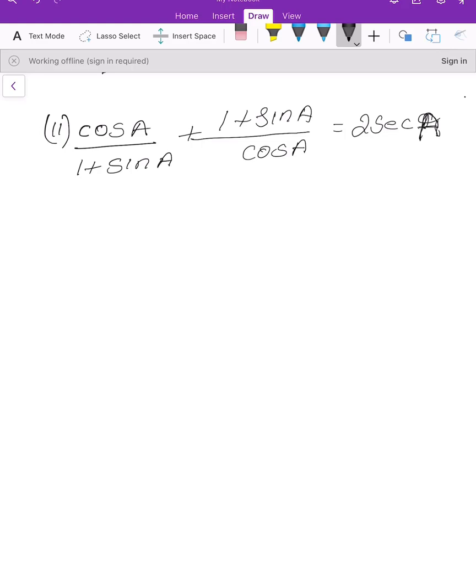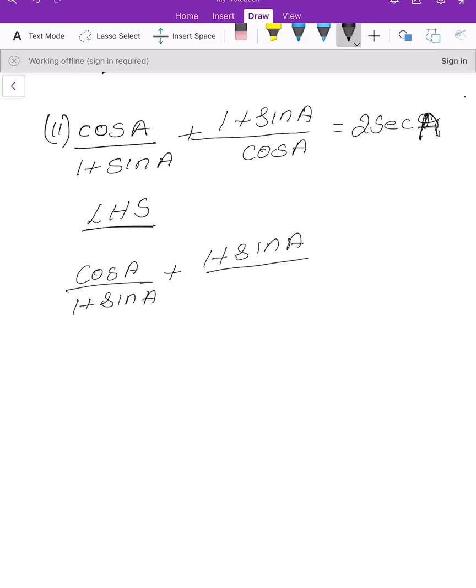First, let me do the left hand side. I'll take my left hand side and try to prove that is equal to right hand side. What is my left hand side? Cos A by (1 plus sin A) plus (1 plus sin A) by cos A.